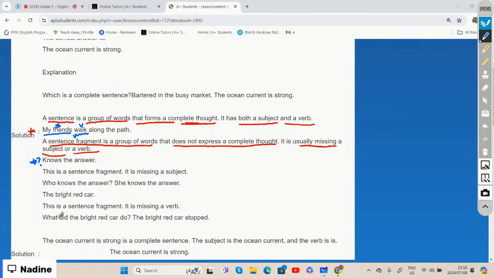Which means that there's only knows, which is a verb. So knows is a verb. So this sentence is a sentence fragment, and it is missing a subject. They're not telling us who or what basically knows the answer, right? So in the sentence there is only a verb and it's missing a subject.